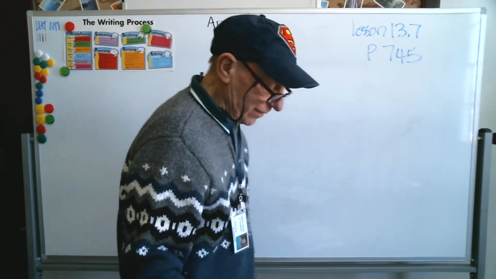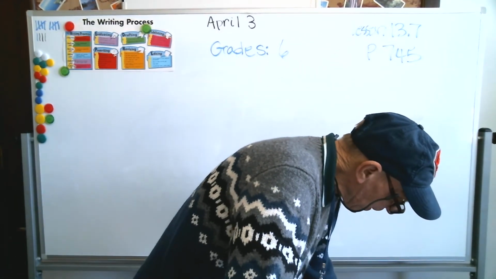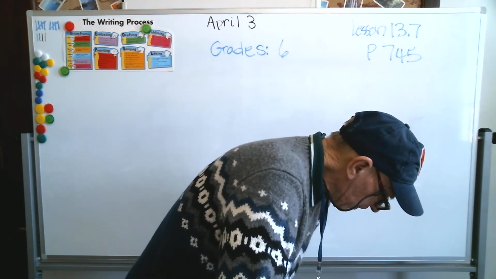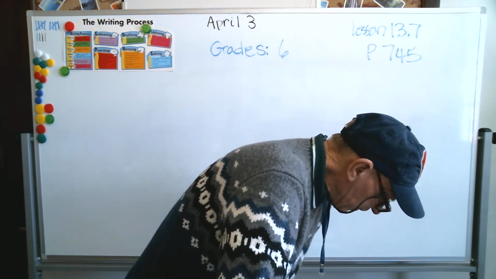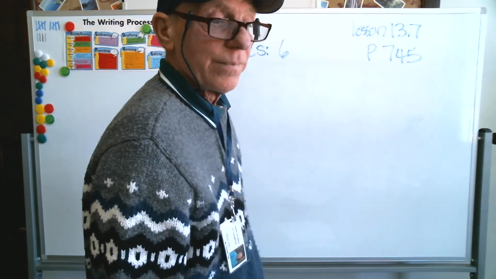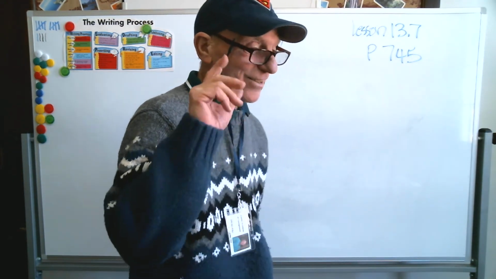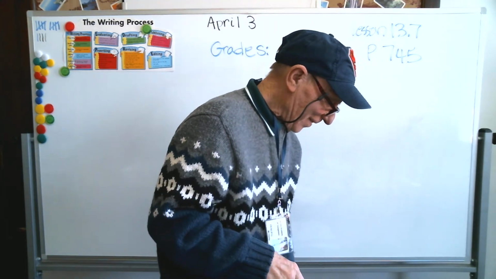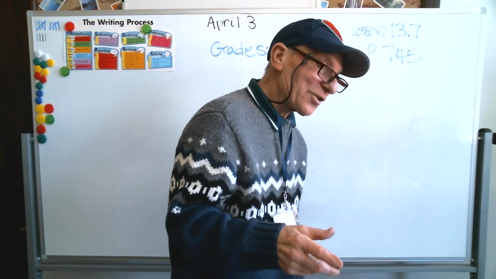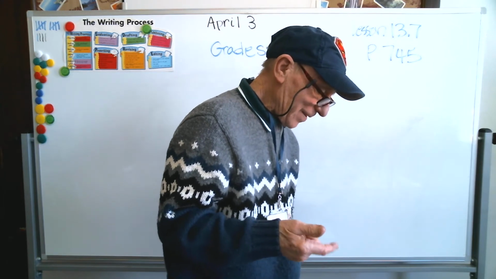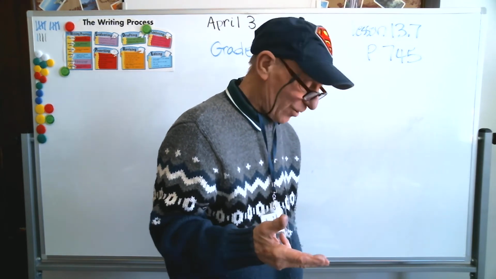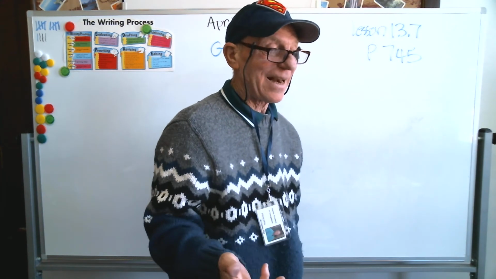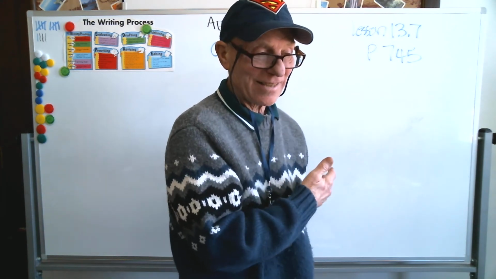What is on 746? Oh boy. Sorry. On 746, it wants you to find the mean, the median, the mode, the interquartile range, and the range of that data that we had just collected.